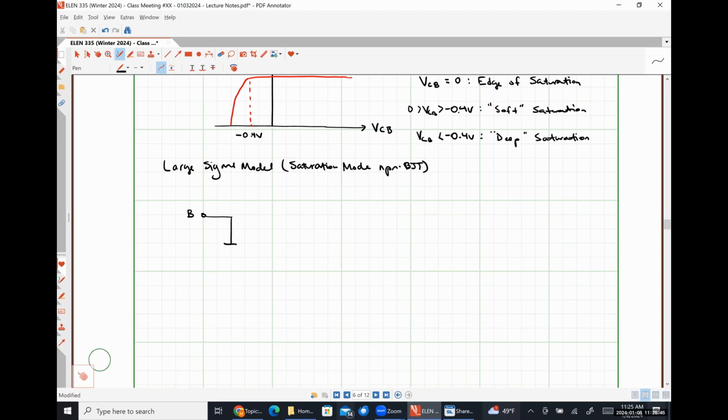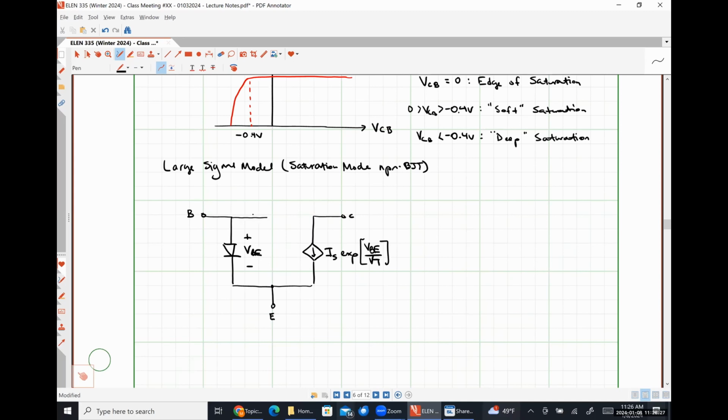Between our base and emitter, we will have a diode across which there is a voltage VBE. Down here at the bottom is our emitter terminal. Over here on the right, once again, we are going to have a dependent current source that can be represented as IS exp VBE over VT, or just as easily beta times IB. Over here is our collector.